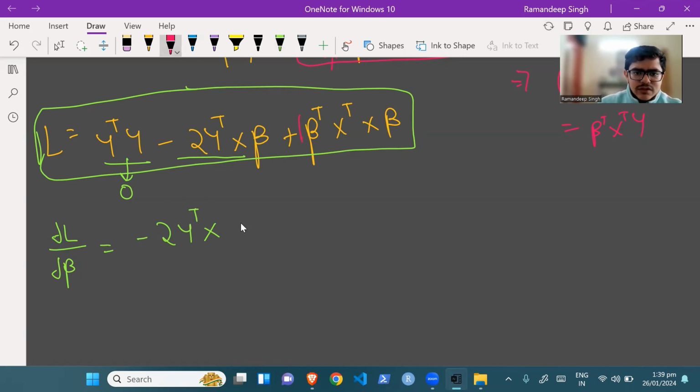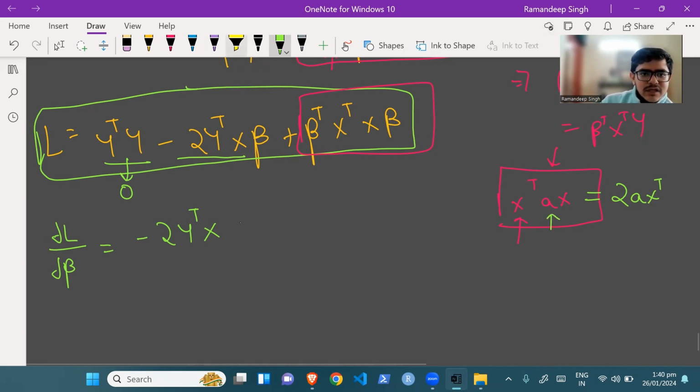Okay, so now if we focus on this term, it is of the form x transpose A x, right? And here we will notice x is a matrix. So to differentiate a matrix of this form, the output is equal to 2 times A x transpose. This is a rule of matrix differentiation, which you can search on Google. And the output is of this form where A is a constant and x is a matrix, right?